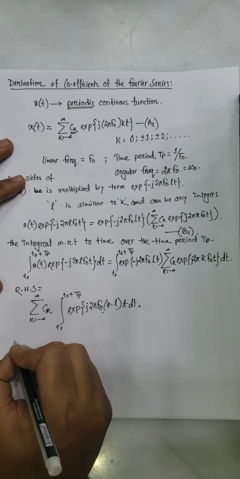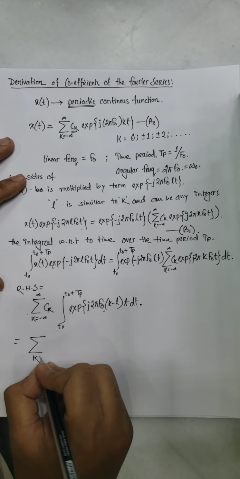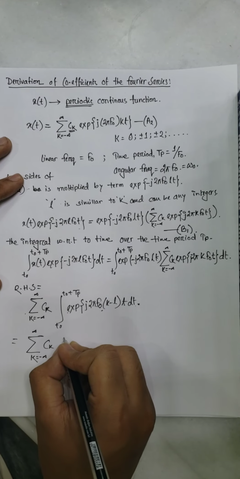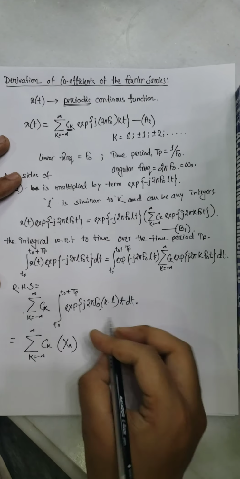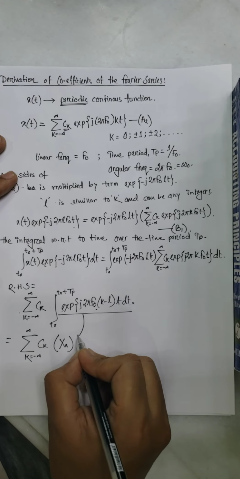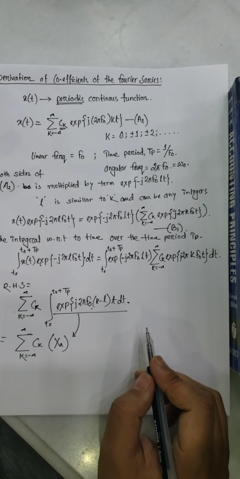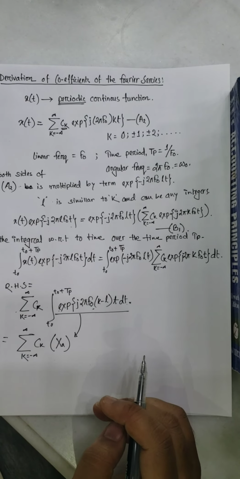Now this can be further simplified as under, where this remains the same, k goes from minus infinity to infinity c of k, and let us suppose, say, this term is written as x of a, because this is quite a crazy term and writing it numerous times will be time consuming.